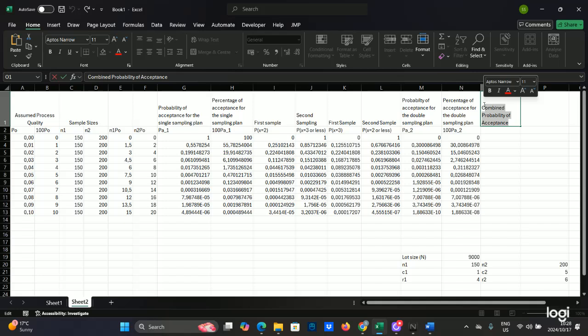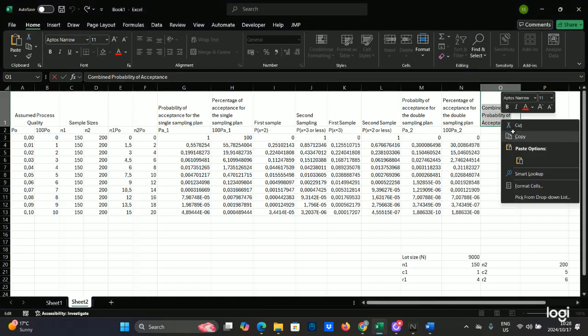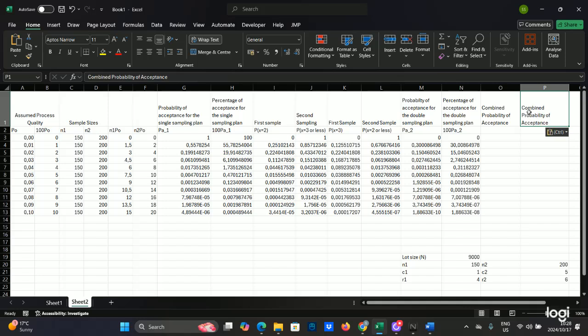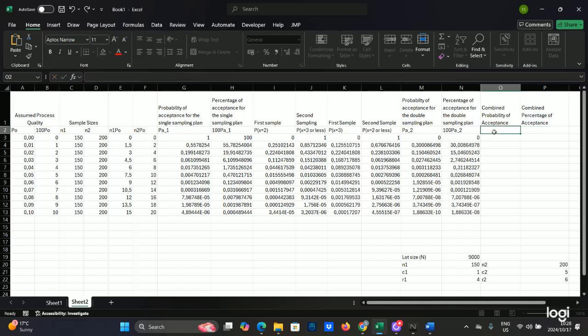So copy this, and this is the percentage side. So we calculate the percentage of acceptance. Now calculate the combined probability of acceptance by simply adding both of the sampling plans.